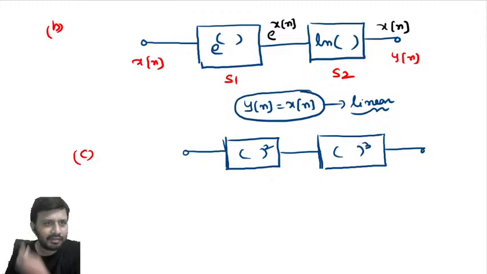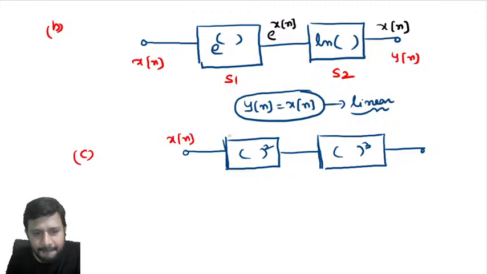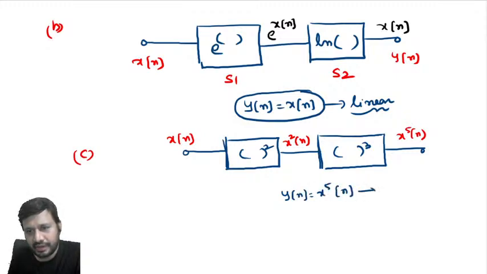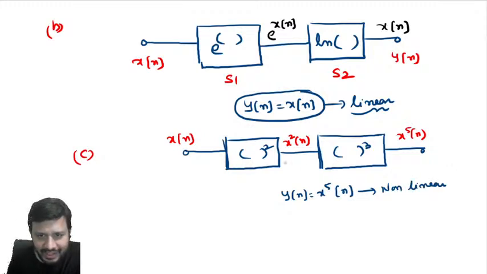So apply x of n here, x square of n, x power 5 of n. So overall system y of n is x power 5 of n, which is nonlinear. Two nonlinear systems connected in cascade, here the overall system is nonlinear.